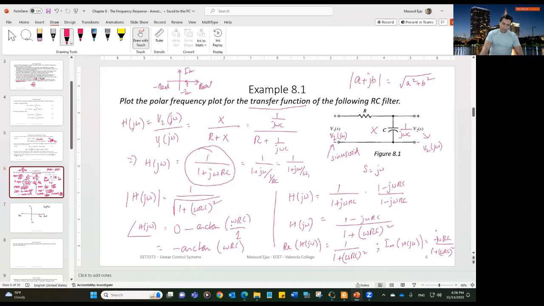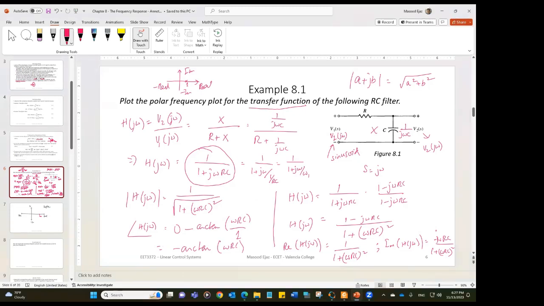If omega is a very large number, negative arctan of a very large number, what will be your phase? What will be negative arctan?